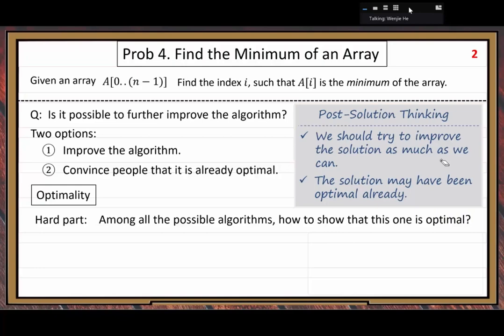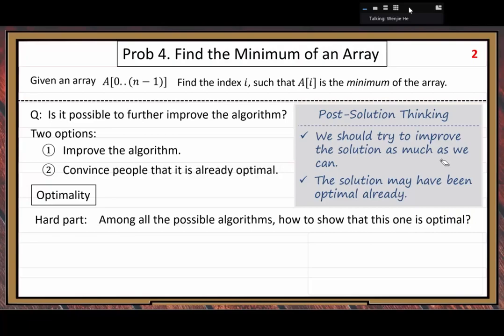You need to consider all the possible algorithms solving this problem. But the question is, how can you access or study all the possible algorithms?